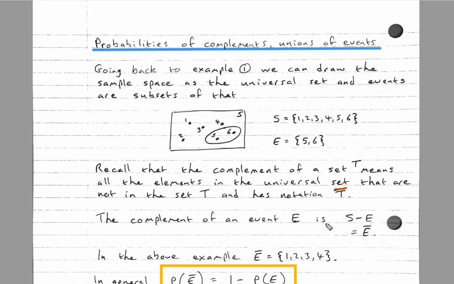So the complement of an event is just the sample space minus that event E. So for this example, it's just everything that's outside E. So in this case, E bar, the complement, is just all these other possibilities: 1, 2, 3, and 4.